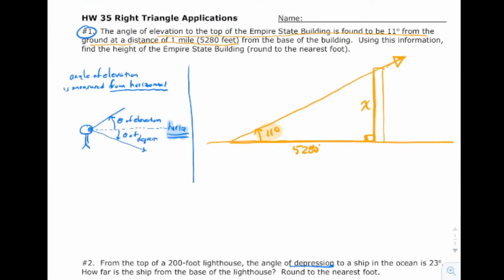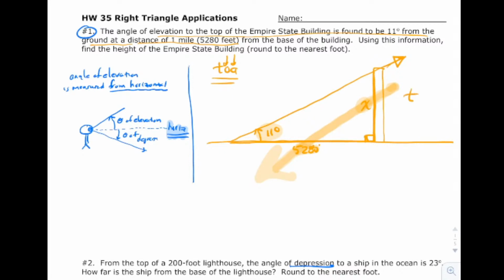So we're going to have to use the 5,280 somehow. We want to get the x somehow, which means we're crossing these two sides. Do you know which trig function crosses those two sides? It's either sine, cosine, or tangent. You might remember tangent is the TOA part. It involves opposite and adjacent, which is what this is. This is the opposite coming over the adjacent. This is a tangent situation.